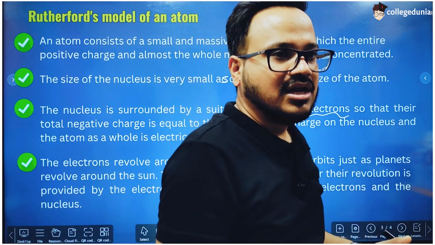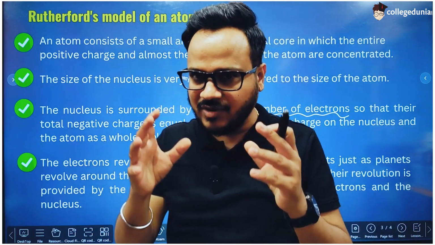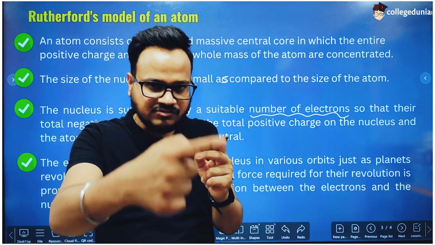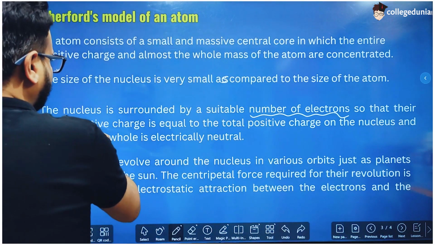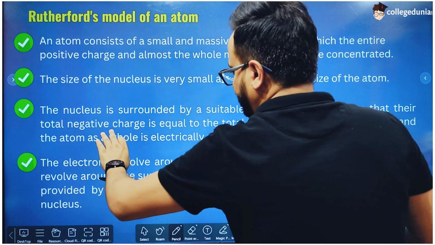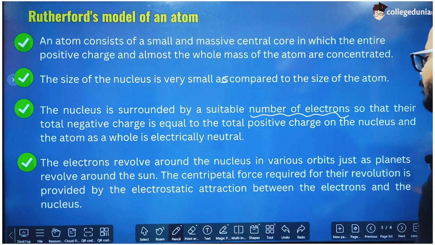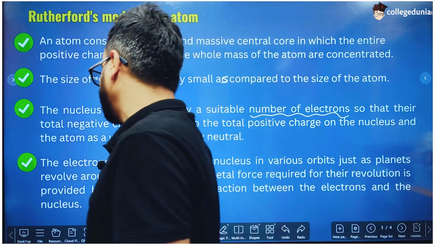Obviously, if they were large, alpha particles would have suffered collisions with them also. So electrons are very small, negatively charged particles which revolve around the nucleus, right? The nucleus is surrounded by a number of electrons so that their total negative charge is equal to the total positive charge on the nucleus, and the atom as a whole is electrically neutral.